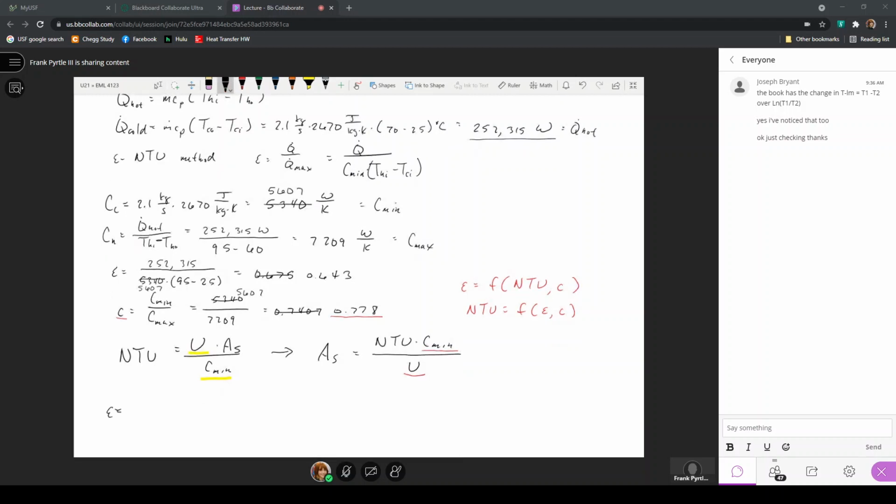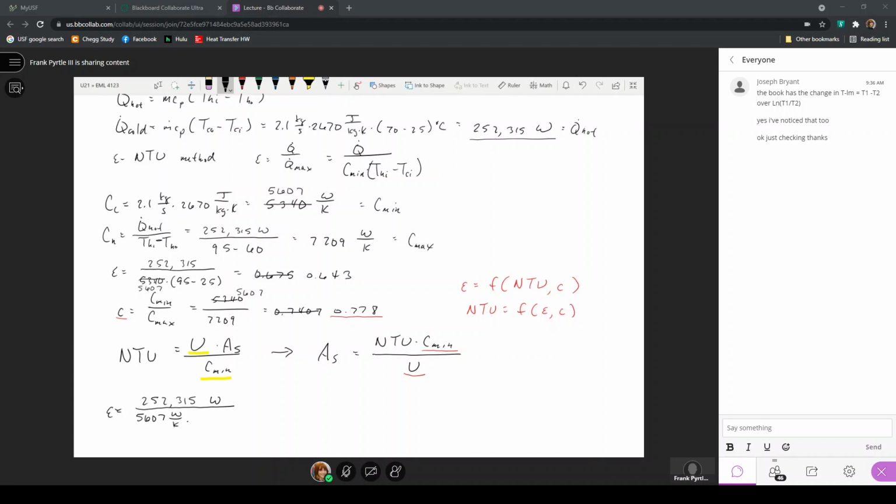This effectiveness then is the heat transfer rate of 252,315 watts. And I'll just put the units in for this one just to show that they do certainly cancel. The minimum capacity rate is that of the cold fluid here, which is 5,607 watts per Kelvin, times the temperature difference.